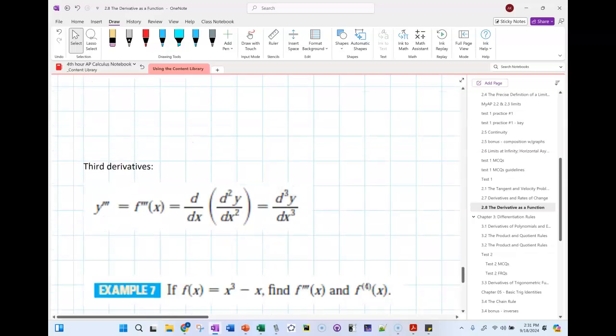All right. So again, third derivatives. There's some notation. All of these things are equivalent ways of talking about the third derivative. Why do we need so many different ways of writing the same thing? Because nobody was willing to give up their notation. And depending on the context, each of these notations is convenient. If you're solving systems of differential equations, the dy dx is super elegant, or dealing with a related rates problem.